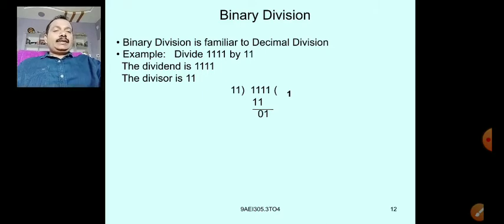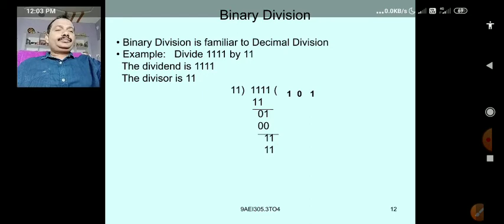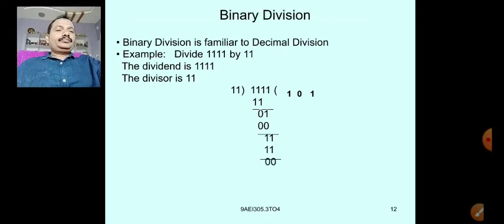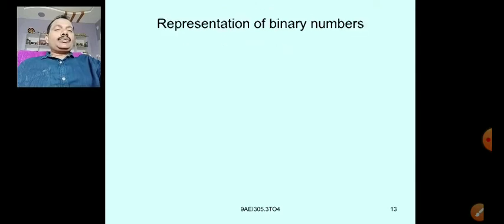You take another bit also. 0 times 11 is 00, and you will get the 1, and bring down, and finally you will get 0 remainder and quotient 101. Okay.